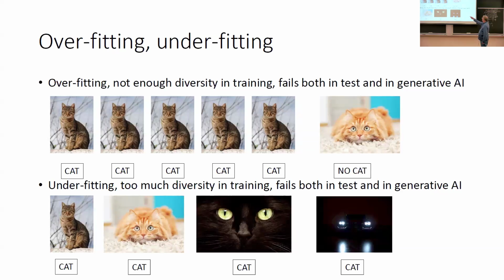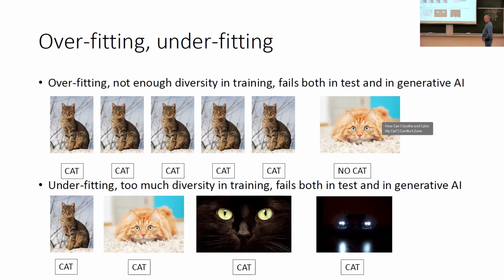Therefore, your machine won't be capable of detecting a cat in other situations than this one, a cat in the snow. When you test with such a new cat, it will just say, no, this is not a cat, this is something else. So it will fail.